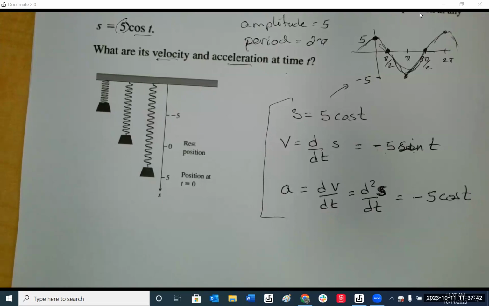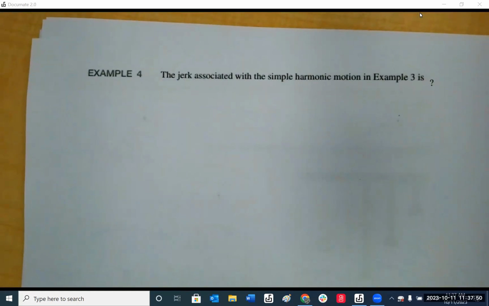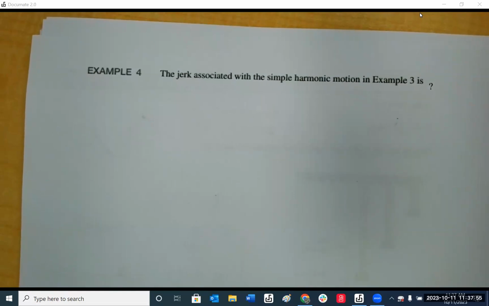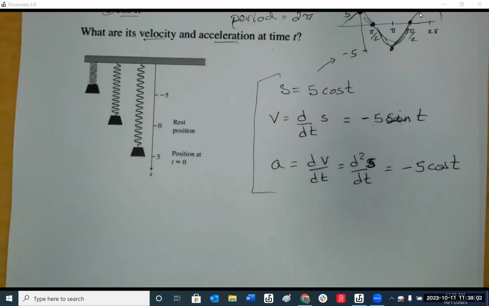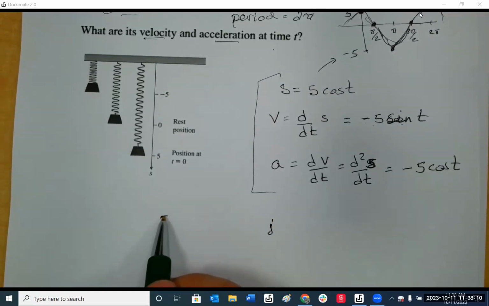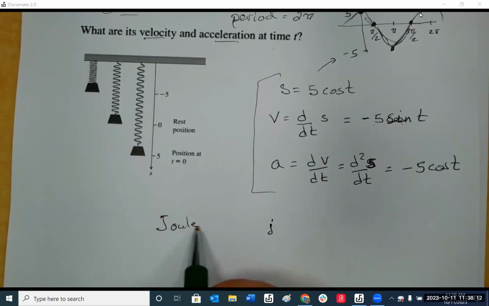We discussed this last class. Okay, let's look at the jerk. What's the jerk associated with the last example? We have all this information. What is the jerk? Little j, as opposed to the large J for joule, the unit of heat, displacement and movement.